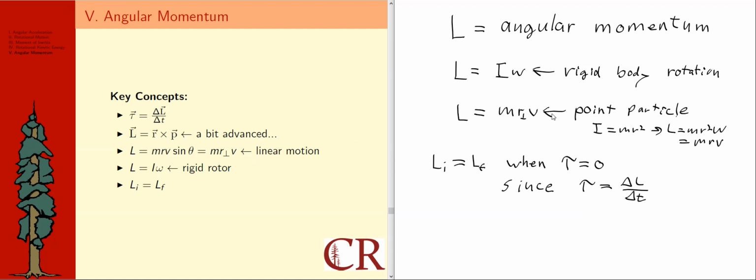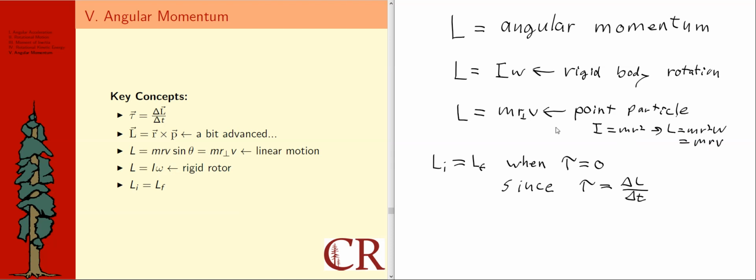But it turns out mrv also works in a situation where the point particle maybe is part of a rotational system. Maybe it's going in a circle in that sense. And I've shown some of the steps down here where the connection between this formula and the I omega formula, in the sense that if I is equal to mr squared, then following the rigid body rotation formula, L would be equal to mr squared omega. But if I borrow one of those r's and combine it with the omega, that would be a v. So it's mrv, which is the same as this one.